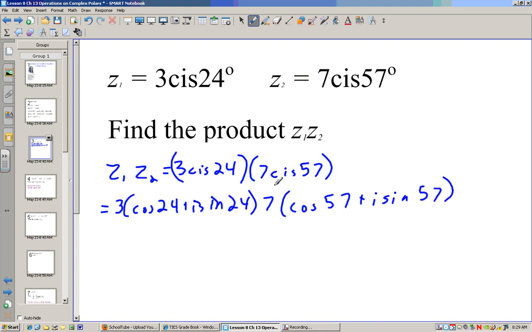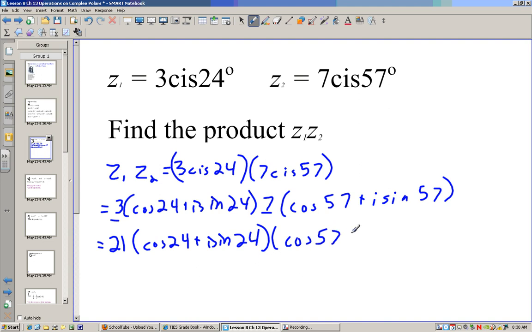Now from here we could distribute over the parentheses, but it looks like this 3 and 7 we can just multiply right away to get them out of the way. So we have 21, and cosine 24 plus i sine 24, times cosine 57 plus i sine of 57.